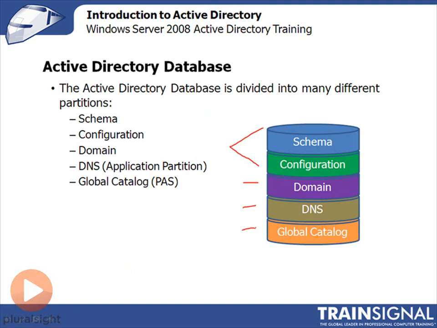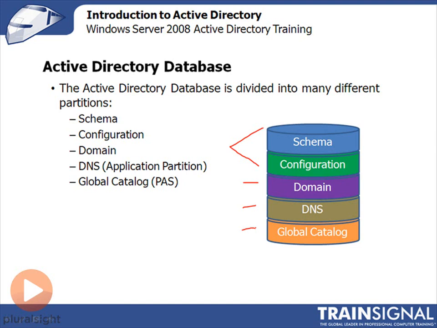Well, all domain controllers, which again, there I go with a term that I haven't defined yet, but I'm using it, all domain controllers within a domain are going to replicate the domain partition, but they will not replicate that information with domain controllers from a different domain. Only things like the schema and configuration would necessarily be replicated between all domain controllers regardless of domain.